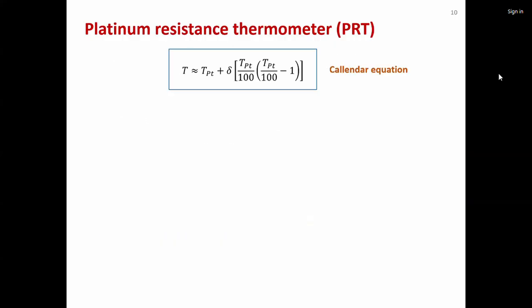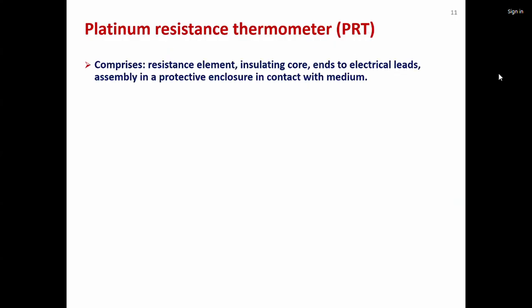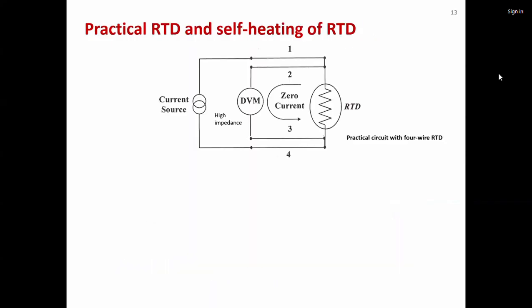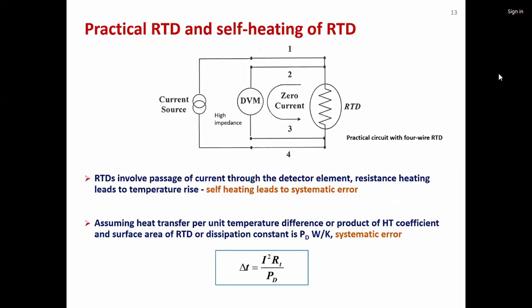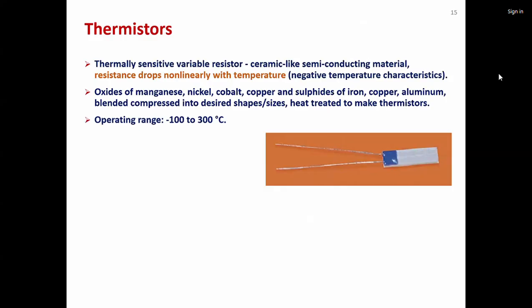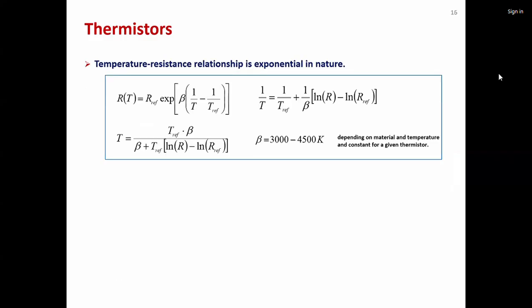Okay, so yesterday when we stopped, we were actually talking about thermistors. I think we did talk about RTDs. So we were talking about the characteristic of thermistors. We said that the resistance changes non-linearly with temperature, and a typical relationship is shown here.